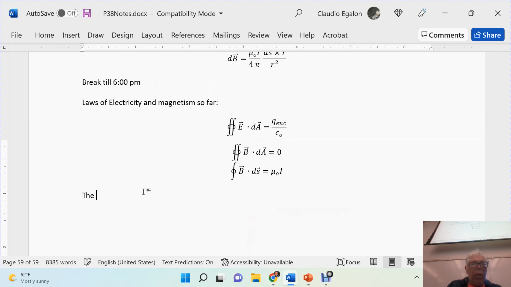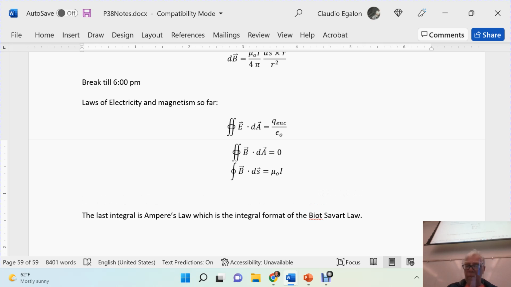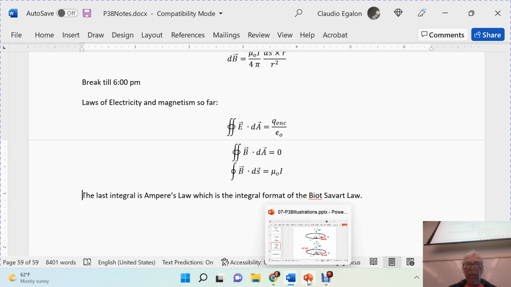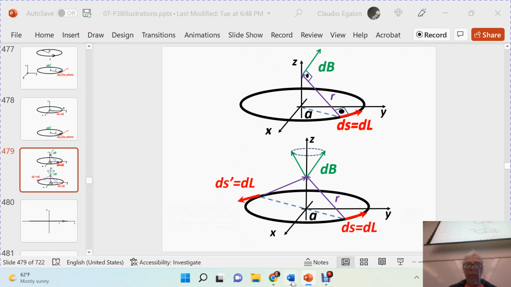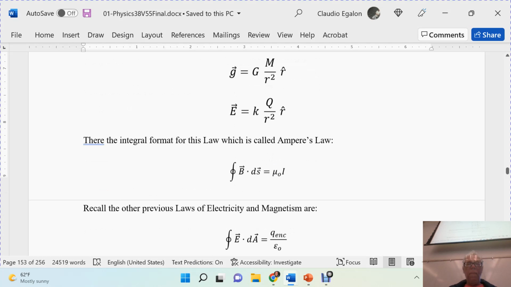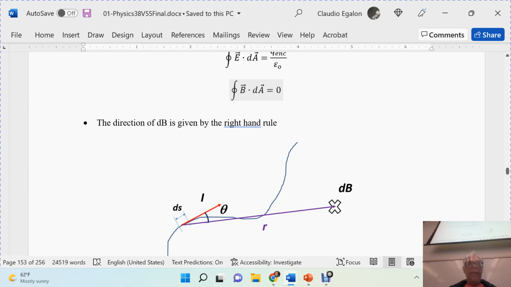The last integral is Ampere's law, which is the integral format of the Biot-Savart law. Okay, so here you go.